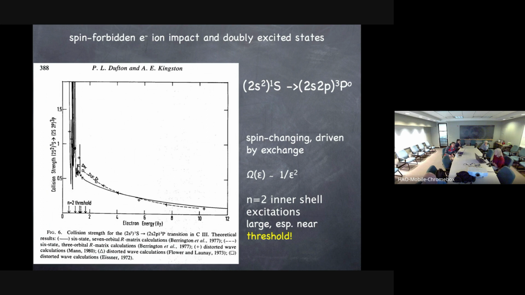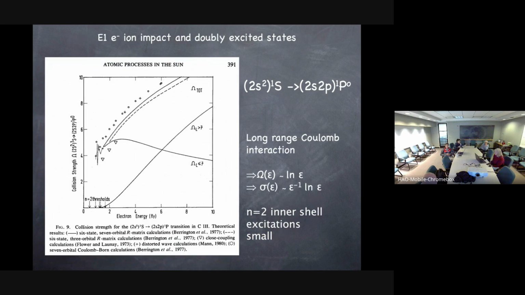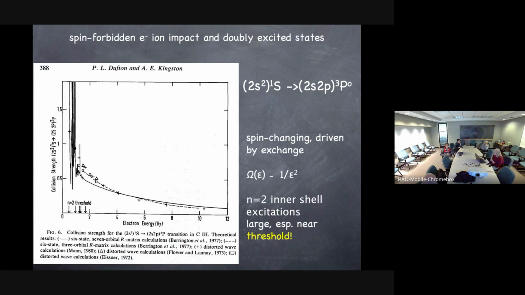So what it means is that for these kinds of transitions in which you don't have this long-range interaction, you better take care of these resonances. Furthermore, look, that cross section is dropping with energy, as opposed to the permitted transitions, which have a sort of logarithmic dependence on energy. And so what you end up with is certain kinds of transitions.